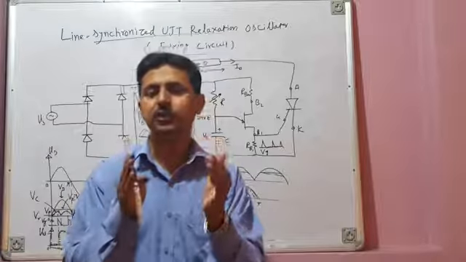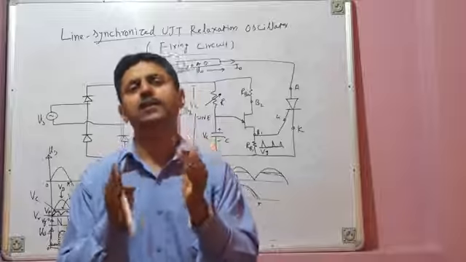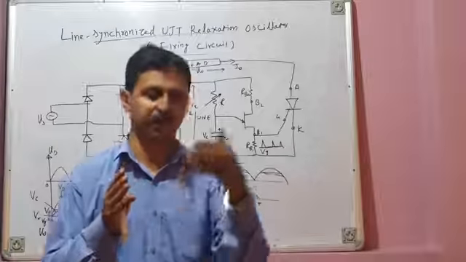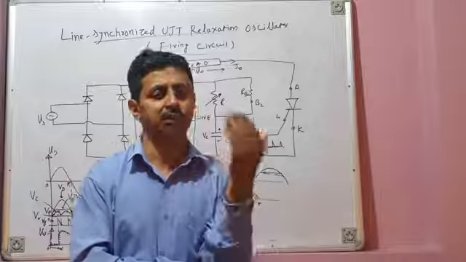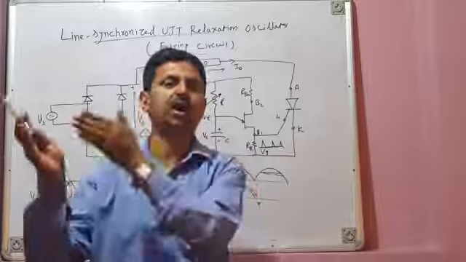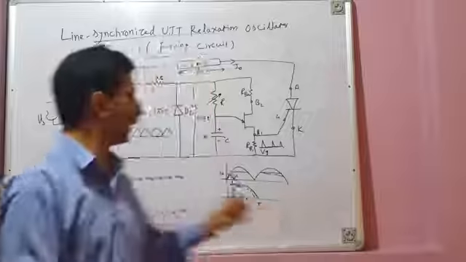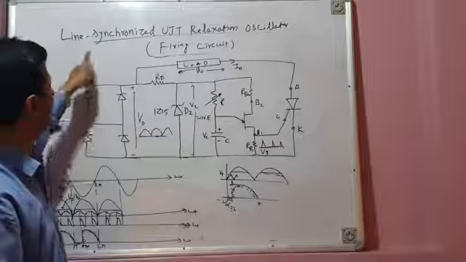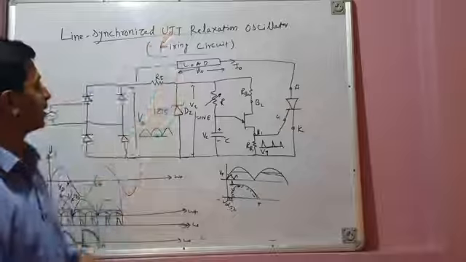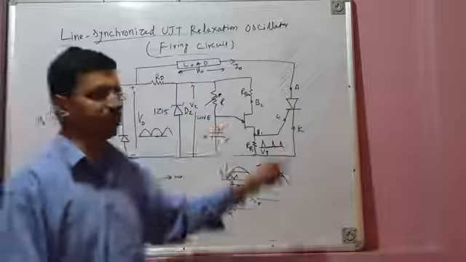Once we had understood operation and characteristics of UJT, then I discussed with you how to use this UJT as a relaxation oscillator for generation of sharp pulses. And then in the end, I discussed with you how we can use this UJT as a line synchronized relaxation oscillator as a firing circuit for SCR.